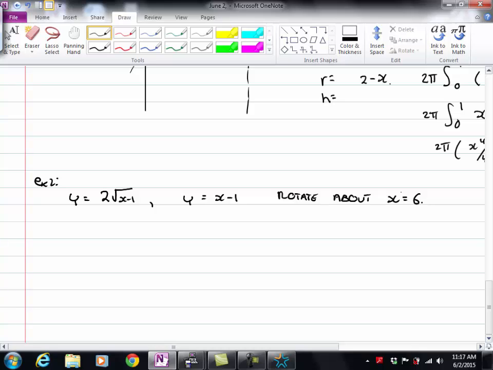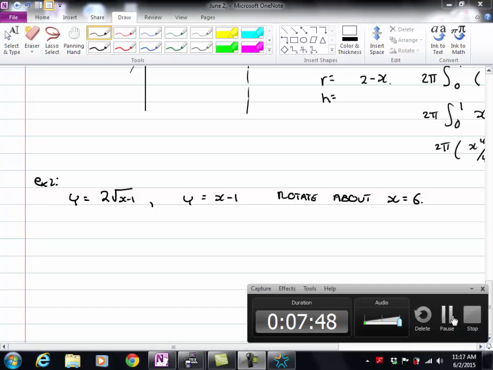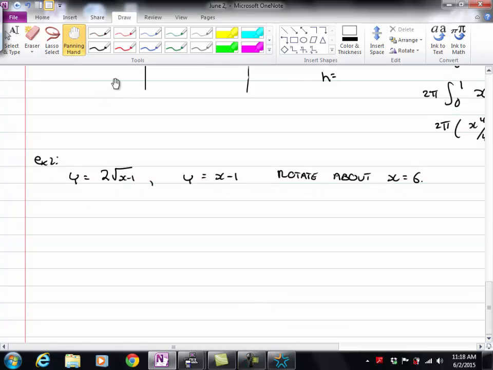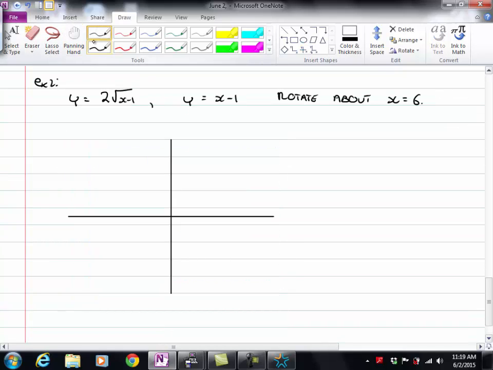What happens if I give you something like this? I'll pause it. I'm not going to do anything, but I want everyone to follow along. Your graph should look something like this. This is the piece I'm going to rotate right here, and I'm rotating about the line x equals 6, something like that.